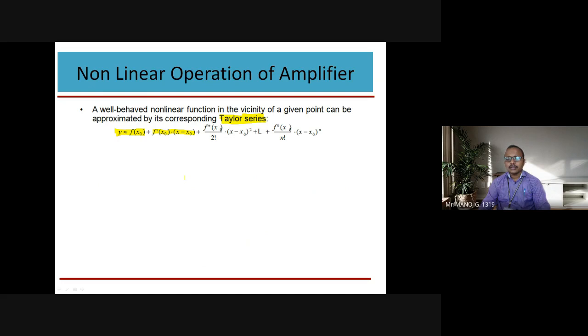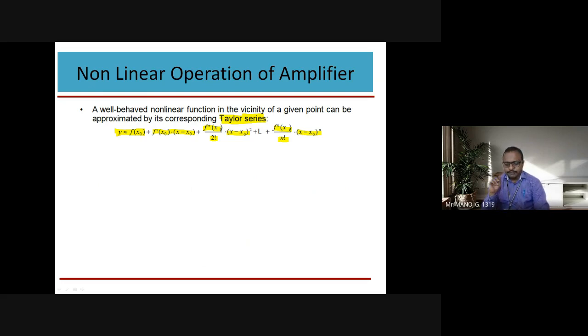plus the double differentiation f double dash of x naught divided by 2 factorial into x minus x naught the whole squared, and so on up to f n of x naught divided by n factorial into x minus x naught to the power n. This is the basic expression for a Taylor series for a non-linear function.